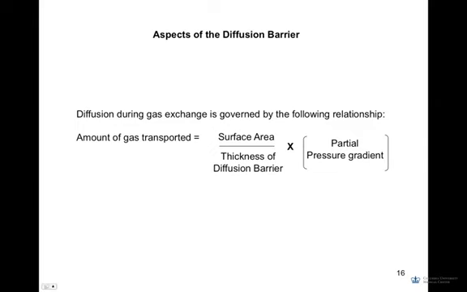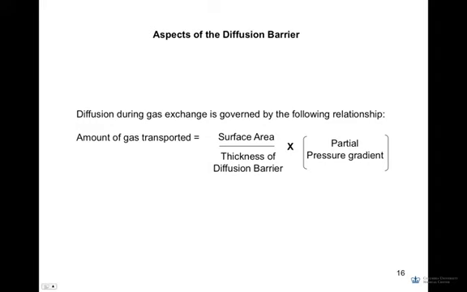So there's a basic equation that determines the amount of gas that is transported, or what might be a better way to say that, less confusing, because we talk about gas transport later in terms of moving through the blood. But we could actually describe this as the amount of gas that's diffusing or gas that's being exchanged.